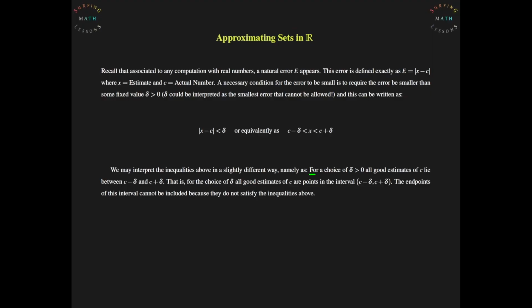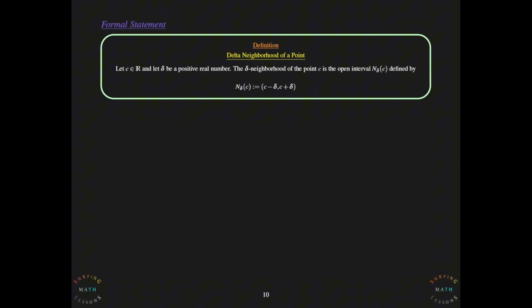For a choice of delta, all good estimates of c with respect to the delta value lie strictly between c - delta and c + delta. That is to say, all good estimates of c with respect to delta are points inside the open interval (c - delta, c + delta). This interpretation motivates the following definition.